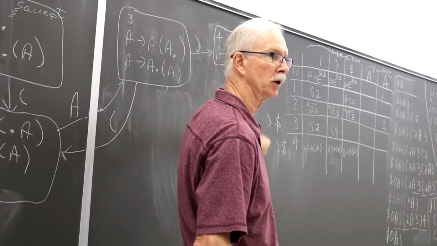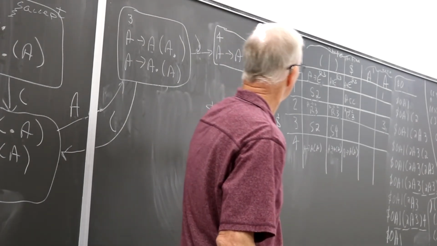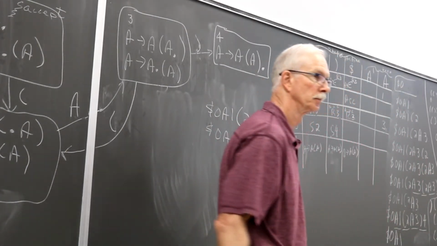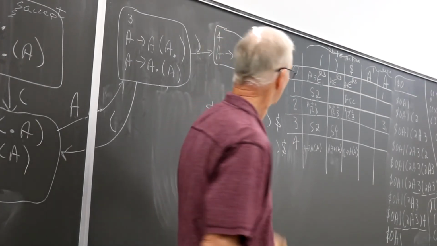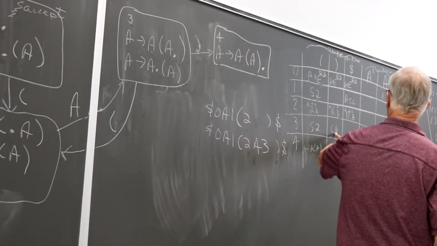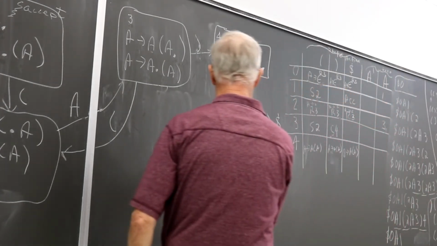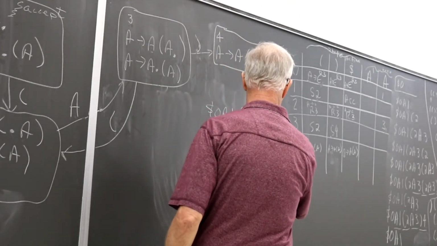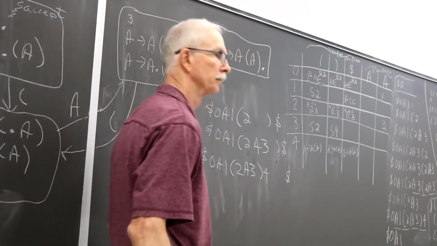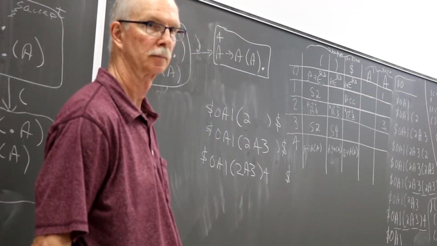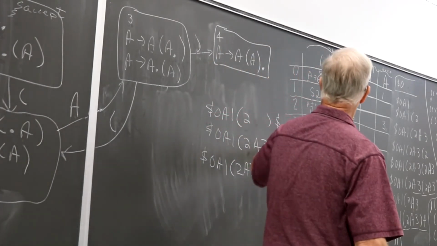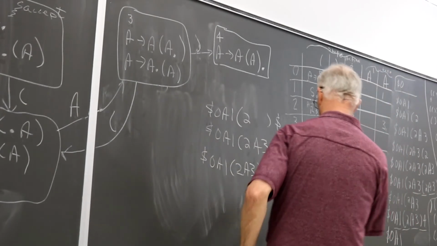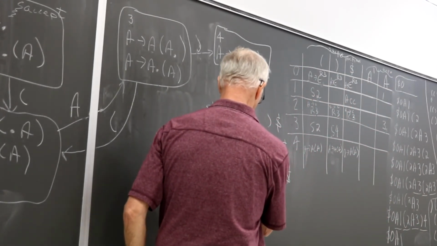I popped off the empty and I pushed on an A. 2A, I'm in state 3. 3 right paren, I said shift 4. $0 A1 paren 2 A3 shift 4. 4 says reduce all of this good stuff. Reduce paren A.